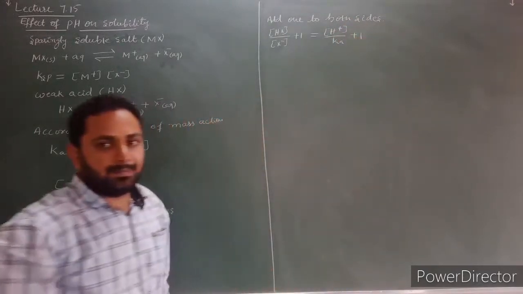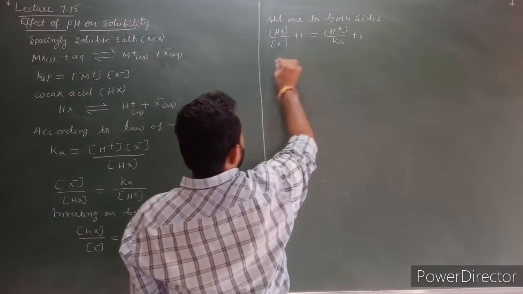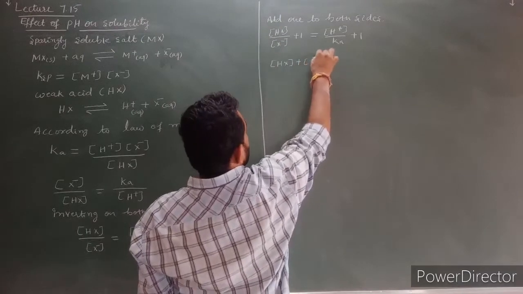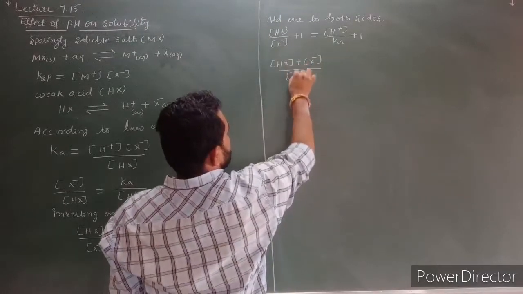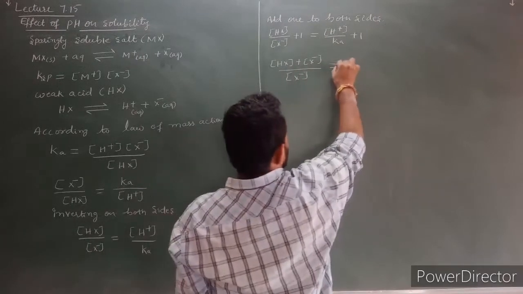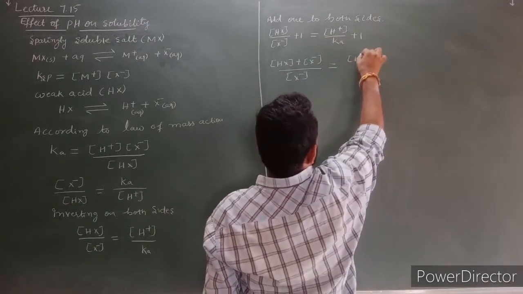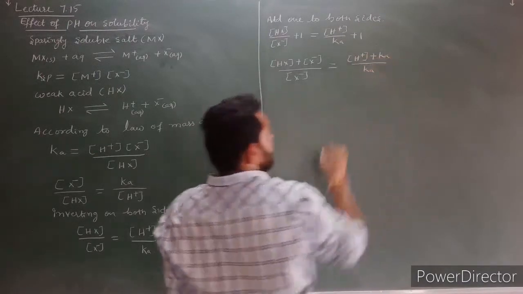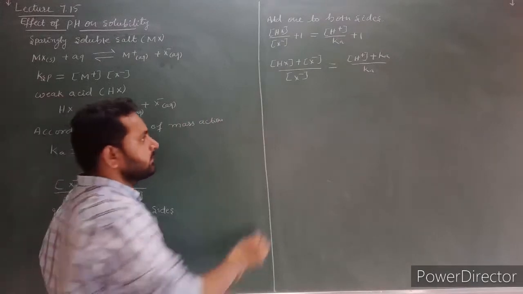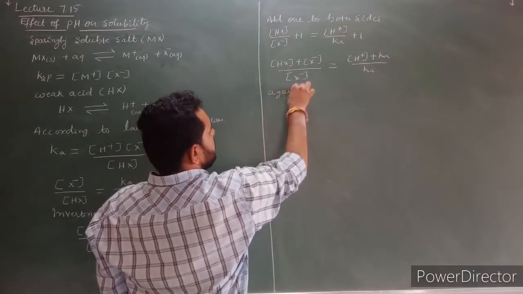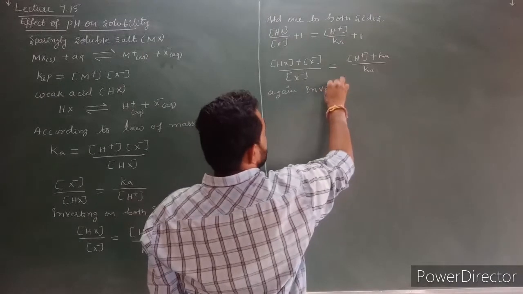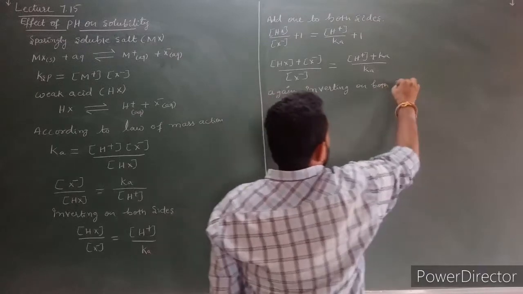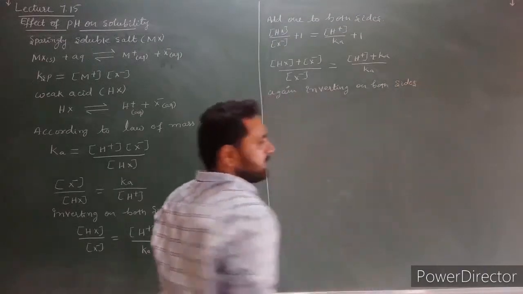Now take the LCM. After taking the LCM, you will get the molar concentration of HX plus the molar concentration of X- divided by the molar concentration of X- is equal to the molar concentration of H+ plus Ka divided by Ka. Now again invert both sides, which means just reverse the terms.